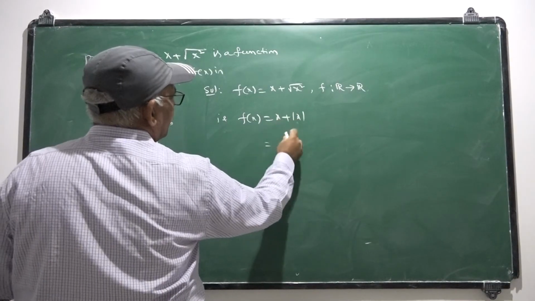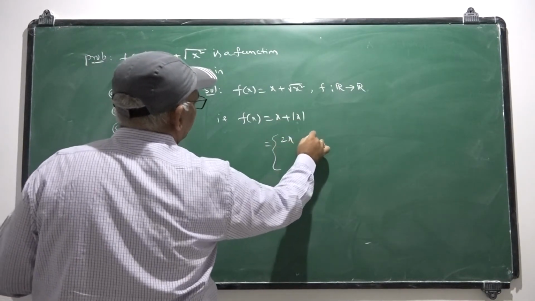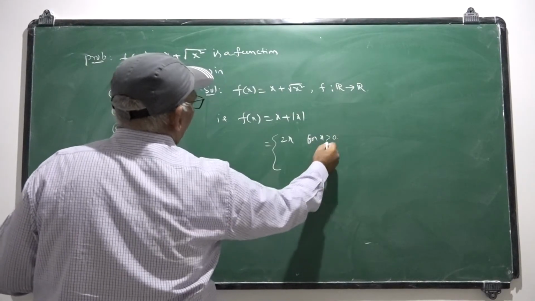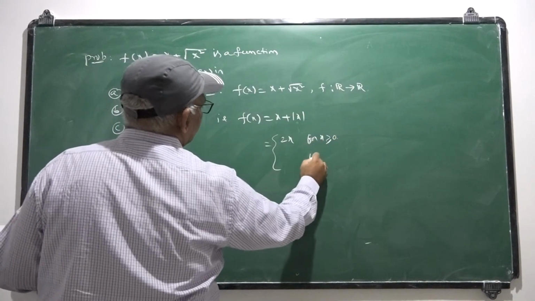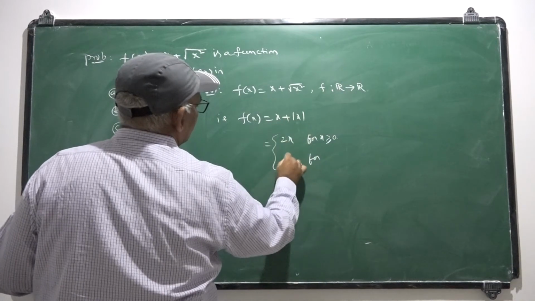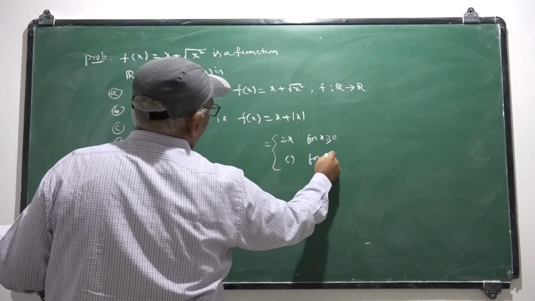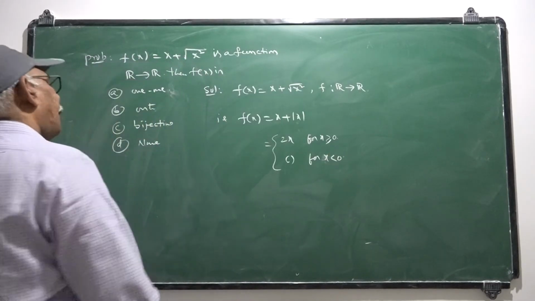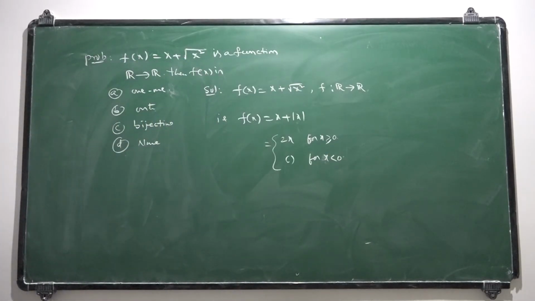If x is positive, it is 2x, for x positive or 0 also. For x negative, it is minus x plus x, hence 0. So, whenever x is greater than or equal to 0, it is 2x, and for x less than 0, it is 0.